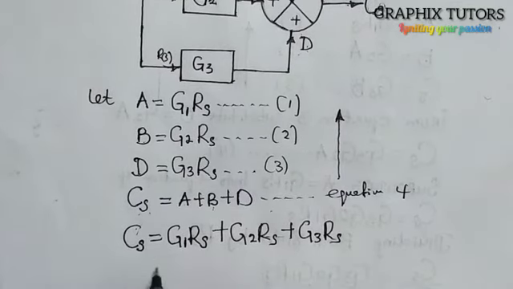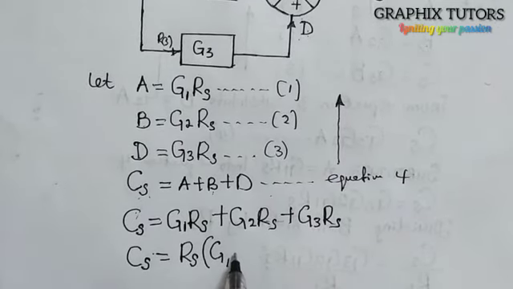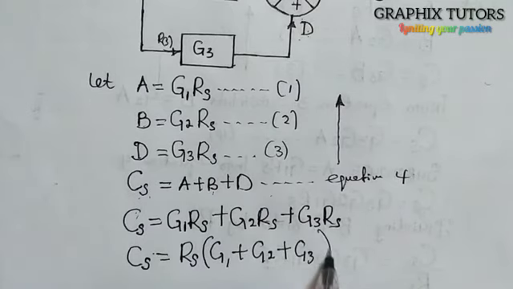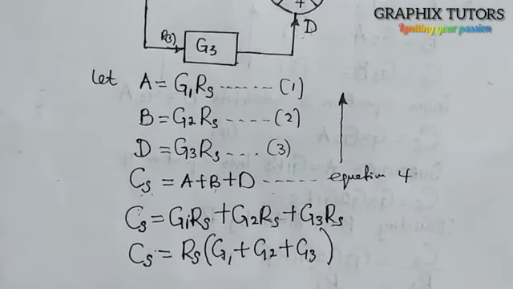So from here, the CS, the output signal, equals what is common to everything. We have our input signal into bracket G1 plus transfer function 2 plus transfer function 3. The input signal times transfer function 1 gives G1 RS, RS times G2 gives G2 RS, RS times G3 gives G3 RS. Now we will divide by the input.